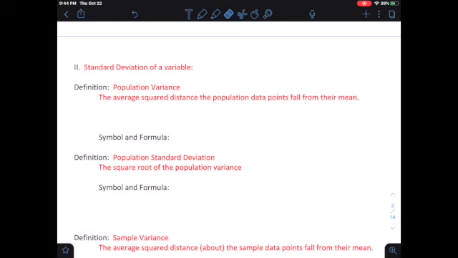So that is sigma squared equals the summation of x minus mu, don't forget that's the x value minus the mean of the population, squared, over capital N. Now, that's going to be a little harder to calculate, but I'll show you what we're going to do in a minute. Then the next one is the population standard deviation. That is going to be taking the square root, because we don't want sigma squared. So the square root of population variance.